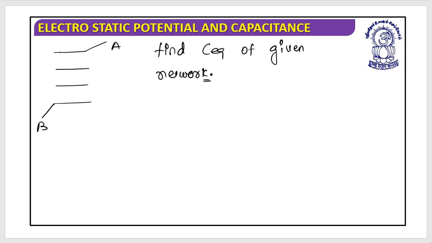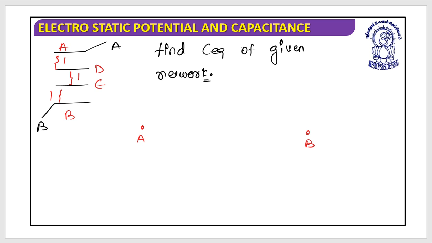So what should I do? Let's give them names. This is A, this is B. These two are the different ones, so I can write them as D and E. Yes, I can make one capacitor between this, one between this, and one between this. So let's have a simplified diagram of this situation.